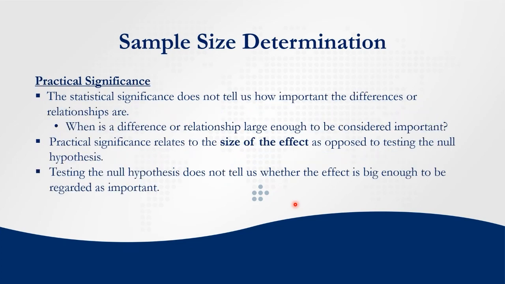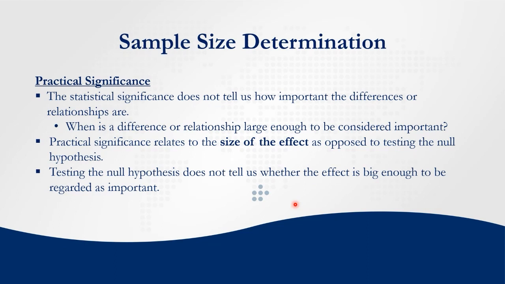And then we move to practical significance. So I said there is the statistical significance, and sometimes the results will be statistically significant, but then you need to consider that these results talk to a real life situation.